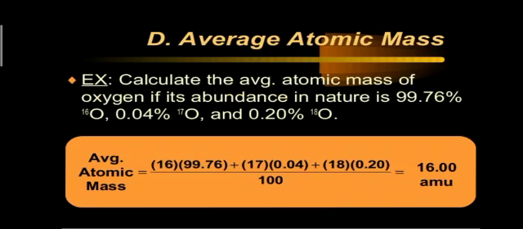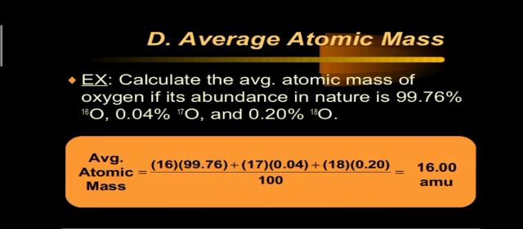Here is an example of oxygen. We have three masses of oxygen, meaning O16, O17 and O18. O17 and O18 are the isotopes of oxygen. So we have three percentage abundances. For oxygen 16, we have a percentage abundance of 99.76%.